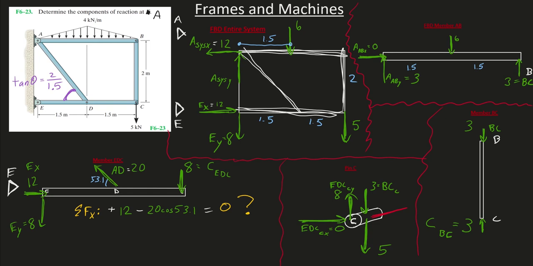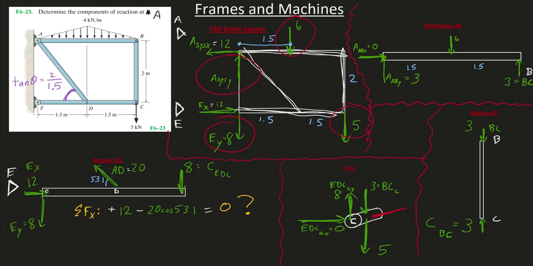So, looking back at our entire system free body diagram, notice that we could now use some of the forces in the Y to figure out that missing piece of the answer that we needed. If I add up my forces in the Y, I got a 6 going down, a 5 going down to make 11, an 8 going down to make 19, so I have 19 going down.